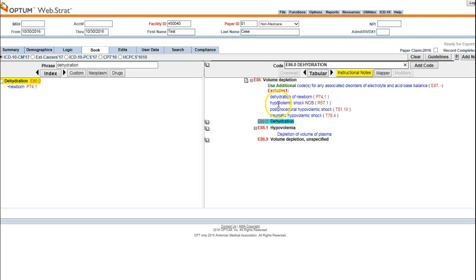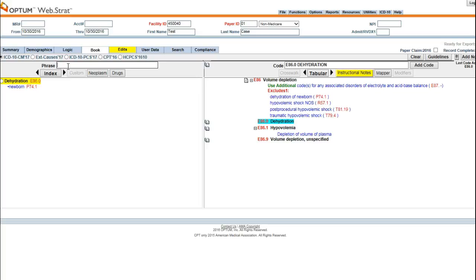So these are all excludes, just telling us that if your patient has these problems here, then you would code these conditions elsewhere. That these conditions do not classify as volume depletion or dehydration. So we're fine with E86.0. Okay, so I have added that code, and now I am going to deal with my other problem.